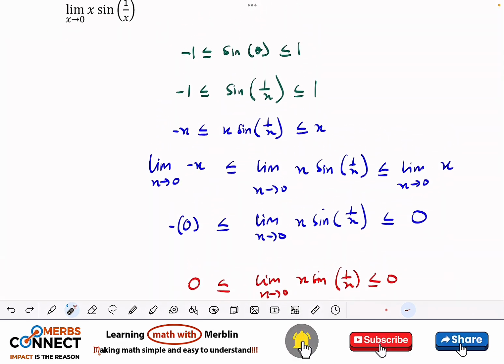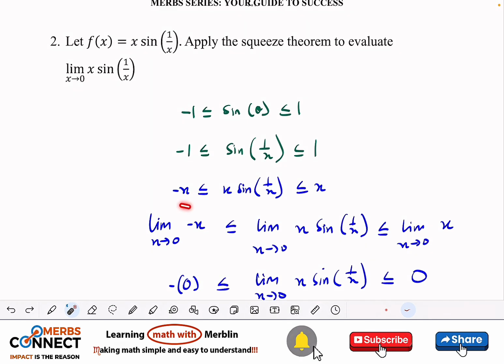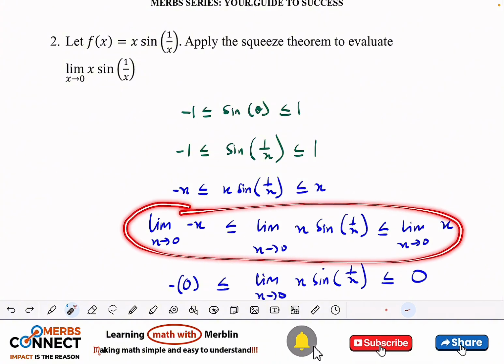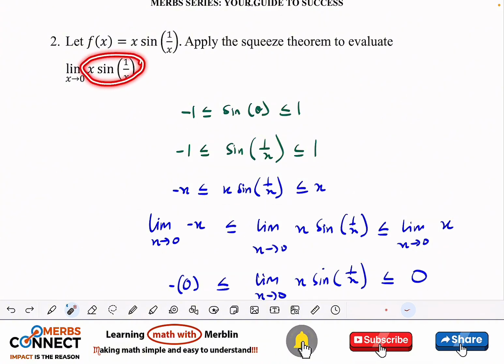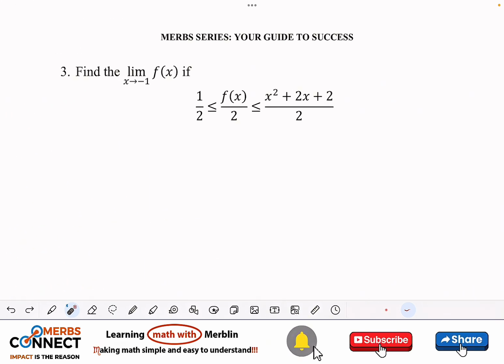Before we took the limit, before we came to this step, we saw that what is here is the same as what is here. So before we take the limit, we need to make sure that what is here is the same as what is here. But what is here is f of x, and what is here is f of x over 2. So to make this one f of x, we need to multiply by 2 so that we can take this one out.